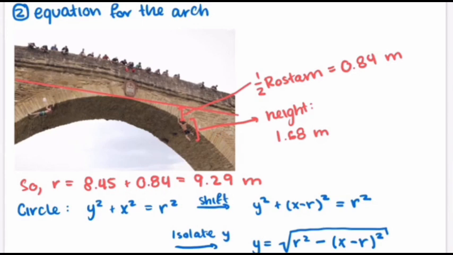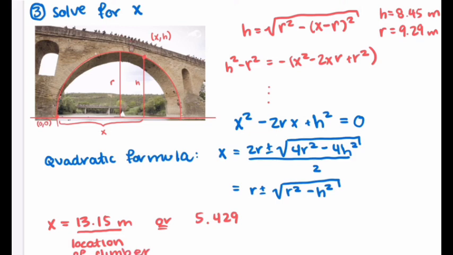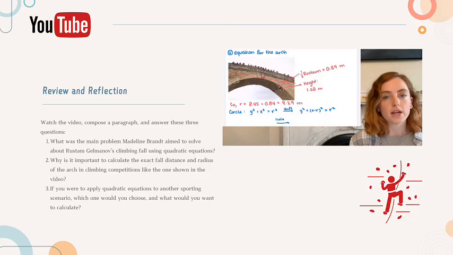Through detailed calculations, she determines the fall height to be about 27.72 feet, the radius of the bridge's arc at approximately 30.5 feet, and the horizontal climbing distance as 17.8 feet. The explanation makes use of the quadratic formula, providing a real-life application of the quadratic equation in sports.